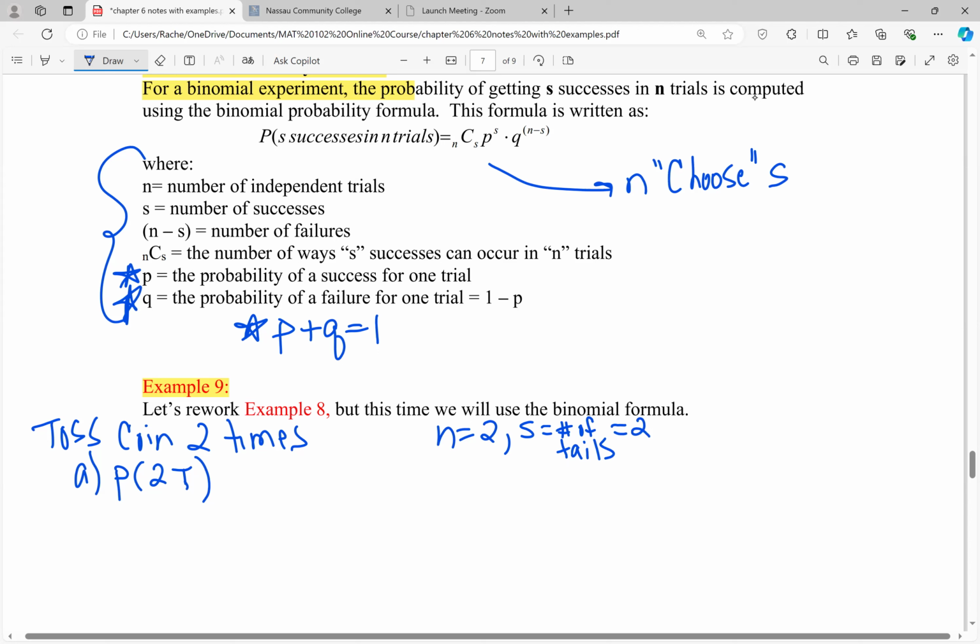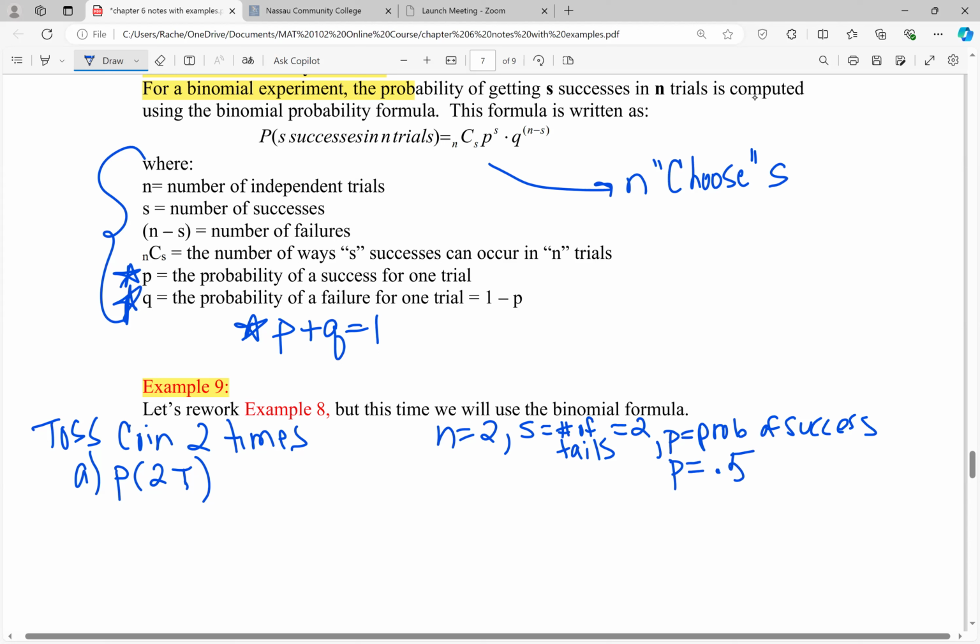And then we have to figure out P and Q, where P stands for the probability of a success. And we're considering a success getting a tail, right? For any one trial, if you were to toss a coin once, what would be the probability of getting a tail? And that's 1/2 or 0.5. So P is equal to 0.5.